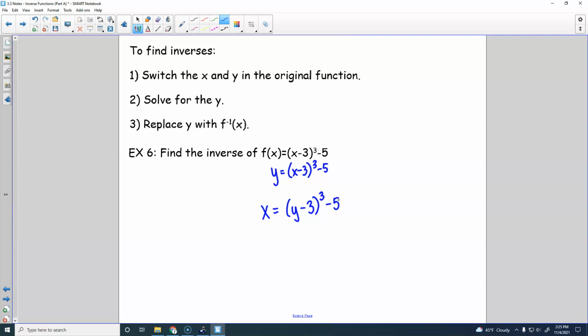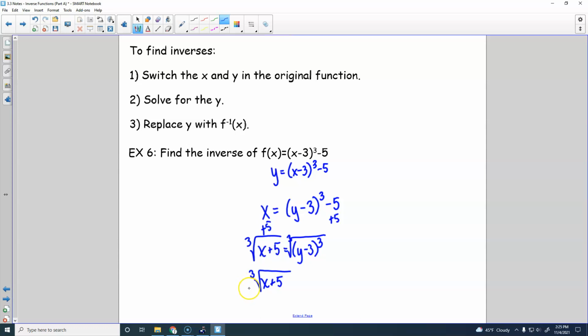Okay? So Eli, what would I do to solve this equation for y? Good. So I'd have x plus 5 equals y minus 3 cubed. Okay, what would I do next? Yeah, cube root. So we got cube root of x plus 5. Do I need a plus or minus?